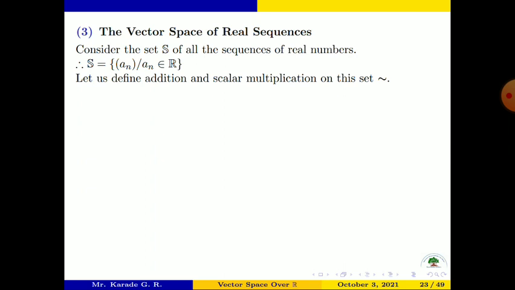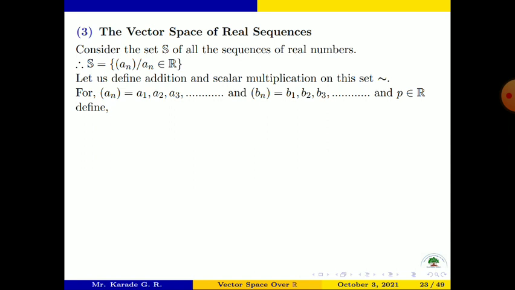Let us define addition and scalar multiplication on the set S. For a_n equal to a1, a2, a3, dot dot dot, a real sequence, and let b_n equal to b1, b2, b3, dot dot dot, also a real sequence from S, and p belongs to R is any scalar.